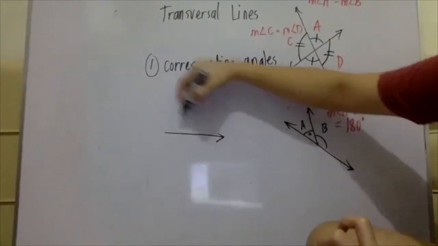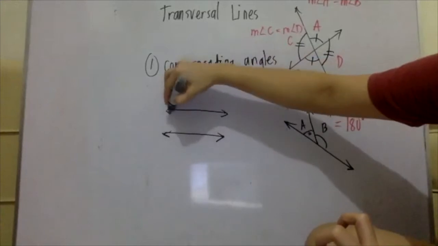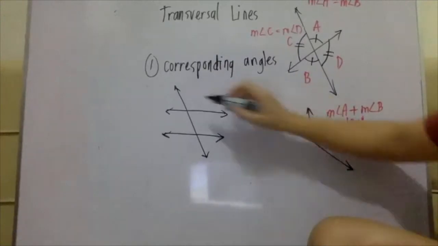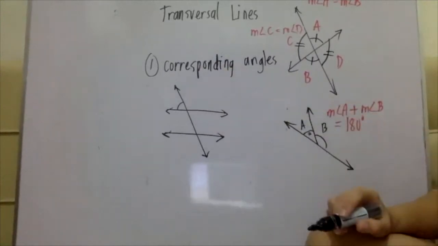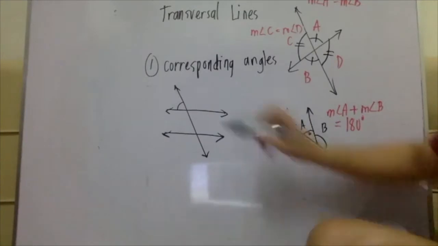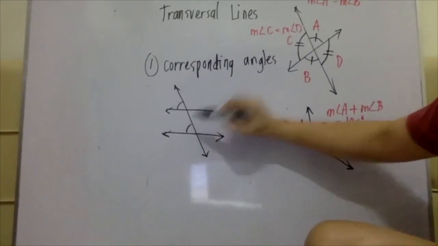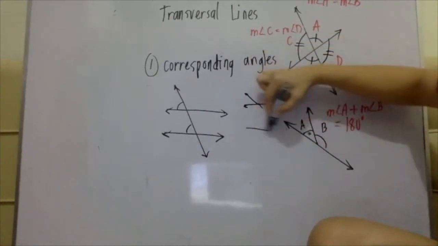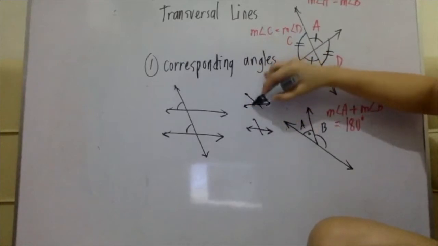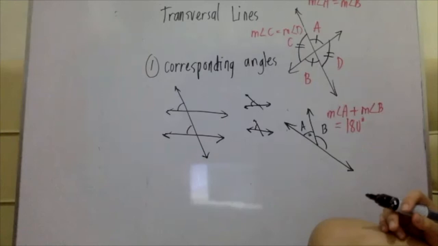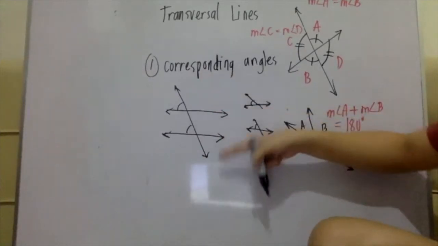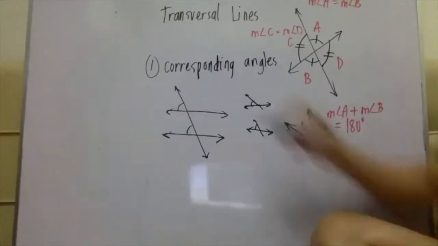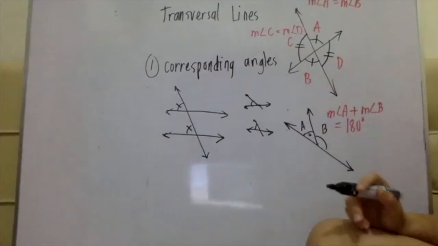So kapag meron tayong two parallel lines and we have this transversal line, anong corresponding angle ng angle na to? That would be this one, right? Kasi kumbaga, kung ihiwalay mo sila, para kang may ganito. Okay, nasa parehong location sila. Kasi kapag meron kang two parallel lines and transversal, yung corresponding angles mo are congruent. Okay? So ito, equal lang yan dito.